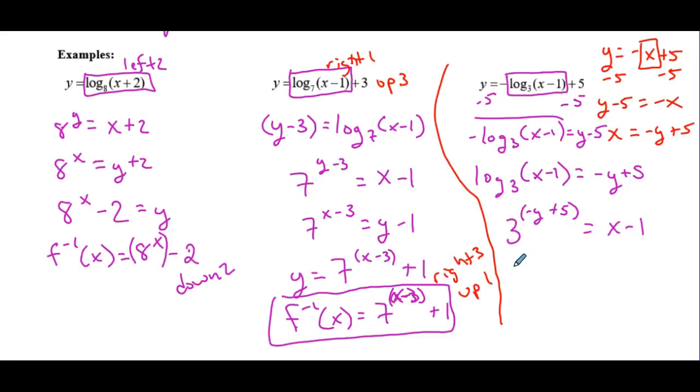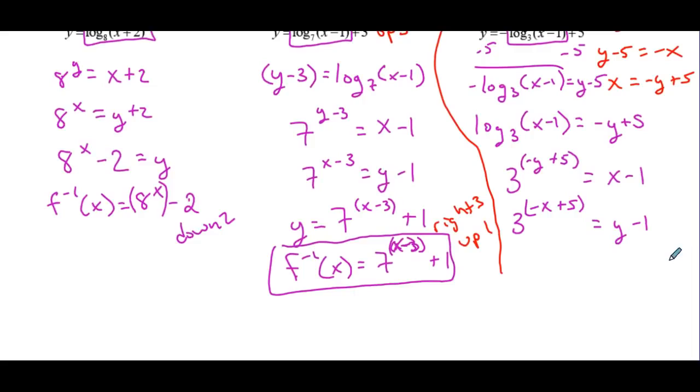Now I can take the inverse by switching my x and my y. And then add 1, so I end up with the inverse is equal to 3 to the negative x plus 5, plus 1.